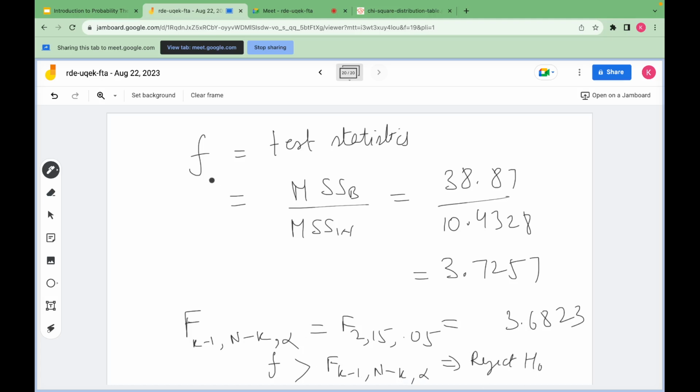As this F value is 3.7257 and the table value is 3.6823, this F is greater than this value. That's why we reject the null hypothesis.